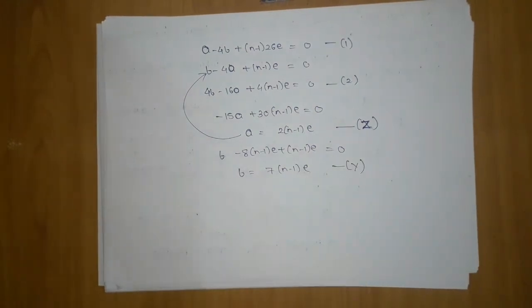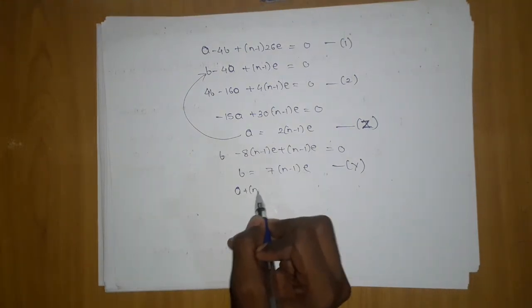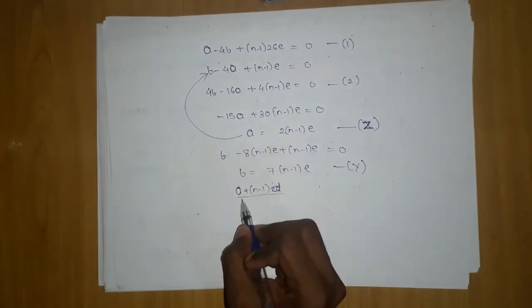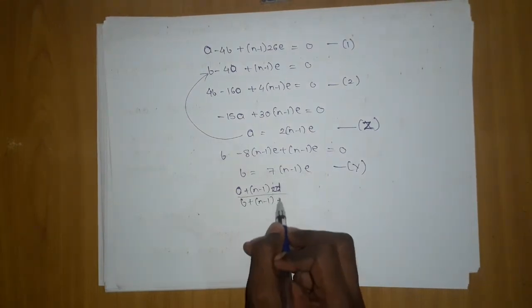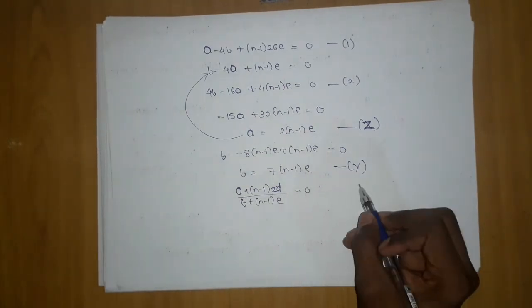Okay, so what we can do, I have got my a, I have got my b, so can I get my nth ratio? The nth ratio was a plus (n minus 1) into d upon b plus (n minus 1)e. We know d is equal to 26e, so I also know the value of this.